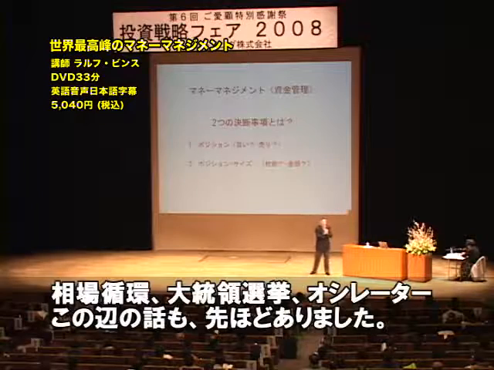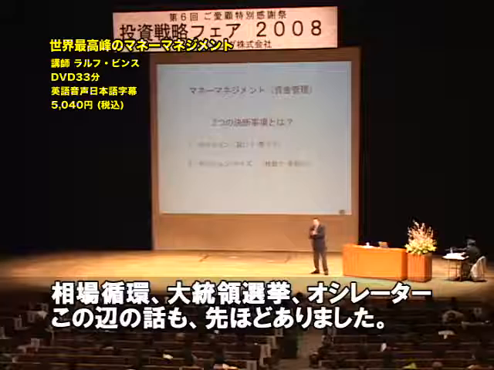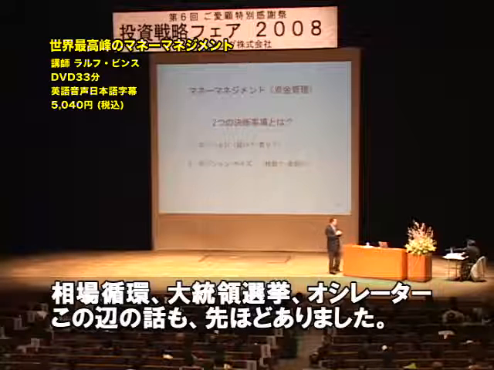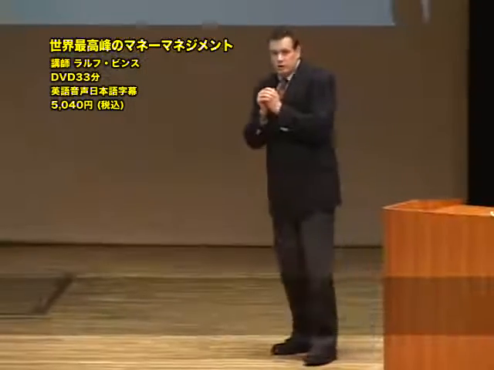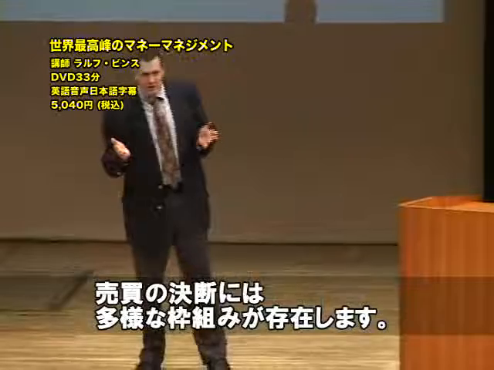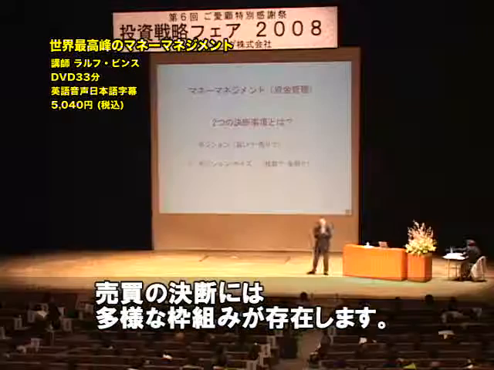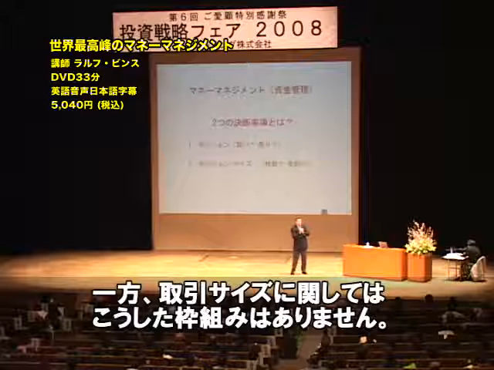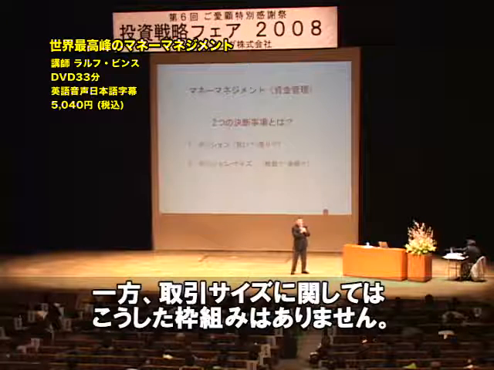Larry had just spoken about how, for example, there's cycles and presidential election years and oscillators. So in the first decision, we have a framework, multiple frameworks we can choose from. Yet when it comes to trying to determine quantity, we don't have a framework. We're feeling around in the dark.